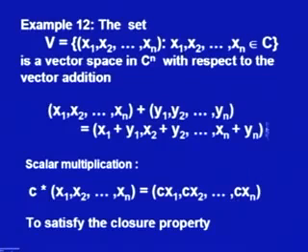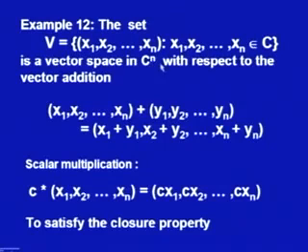Now, you may notice that here I am considering all these numbers belonging to C. This is required to satisfy the closure property, because if C is a complex number, then Cx1 will also be a complex number. So, if these x1, x2, ..., xn are real, then the closure property will not be satisfied. So, this set forms a vector space in Cn.